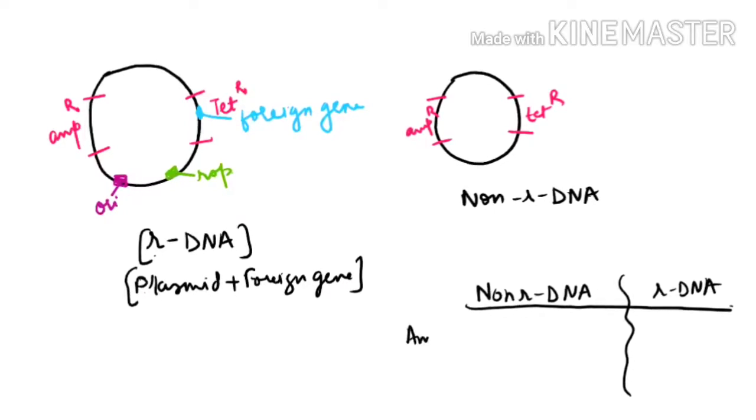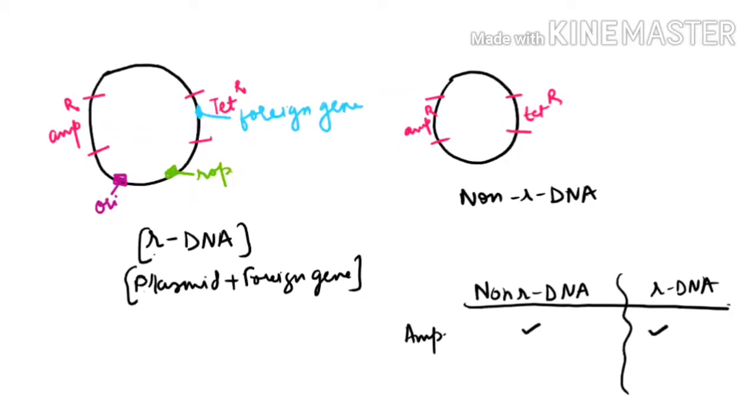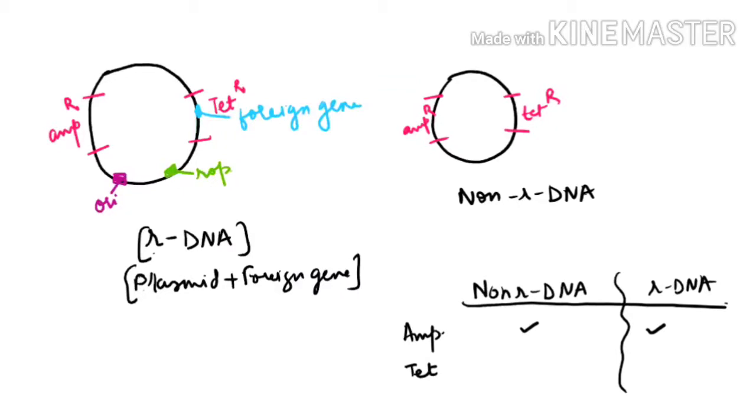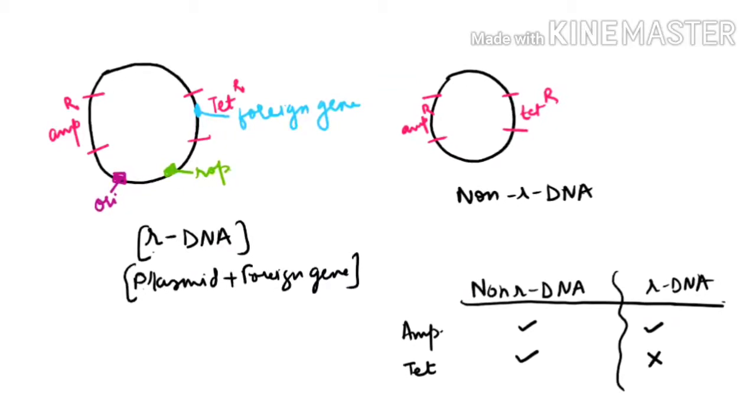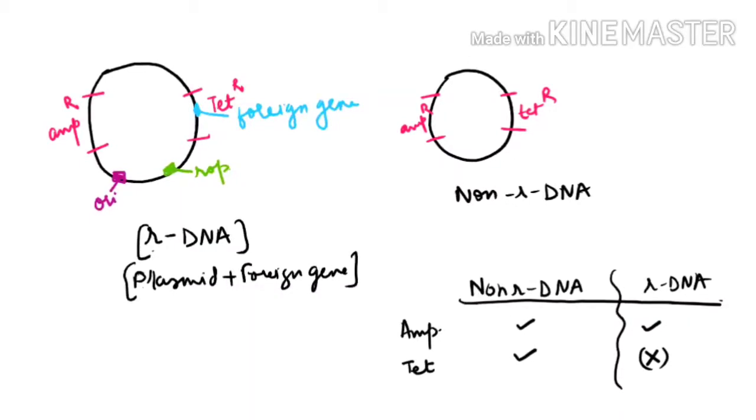So in ampicillin medium, both are able to survive because ampicillin was not affected. But in tetracycline, your non-recombinant will be able to survive, but recombinant will not be able to survive. Is it clear? So from this we can get an idea.